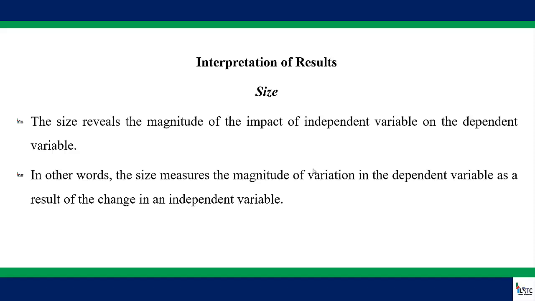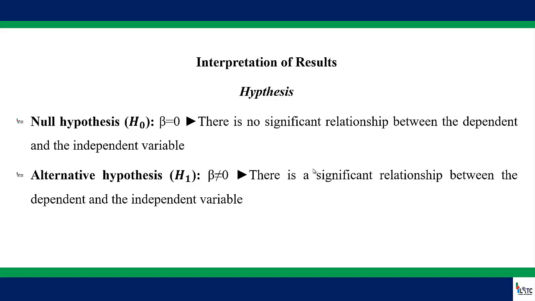So when you have your OLS results, the first thing you have to look at is the sign, next is the size, and the last is the significance. And why do you need to look at significance? When you are stating your hypothesis, you will notice that what is written there is that there is no significant relationship between the dependent variable and the independent variable.